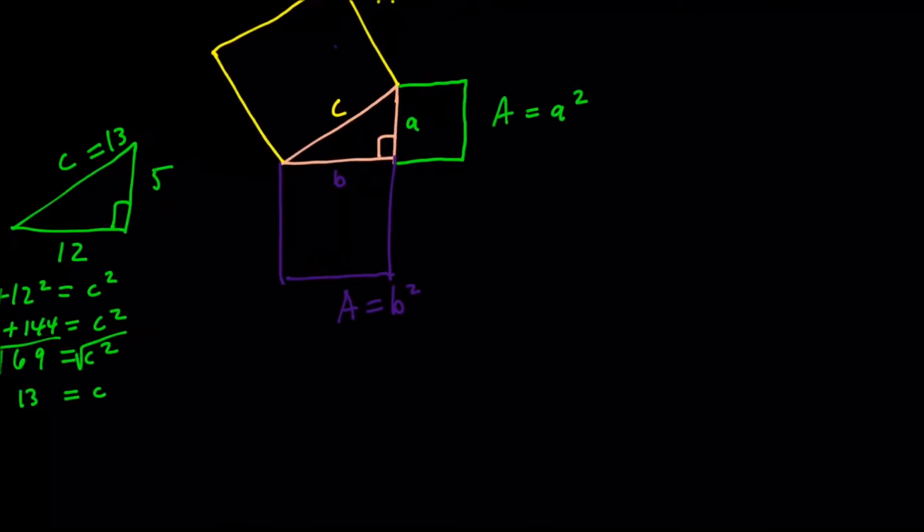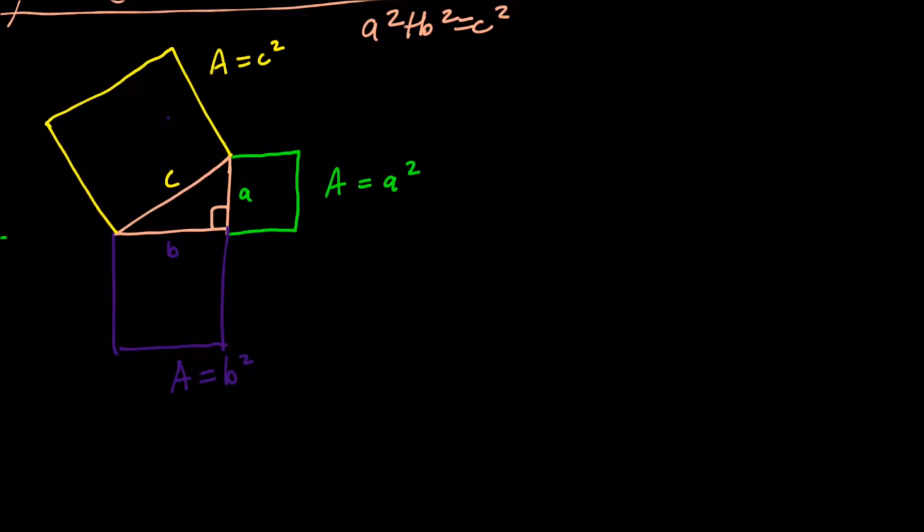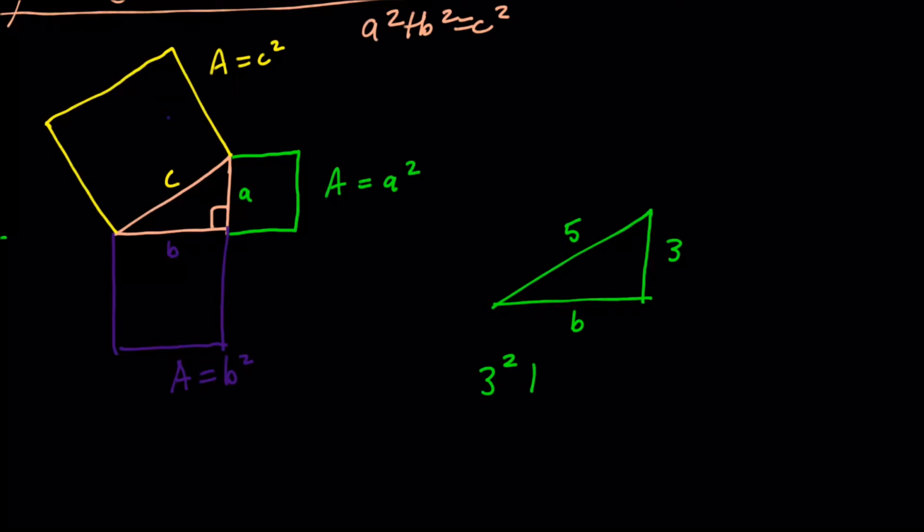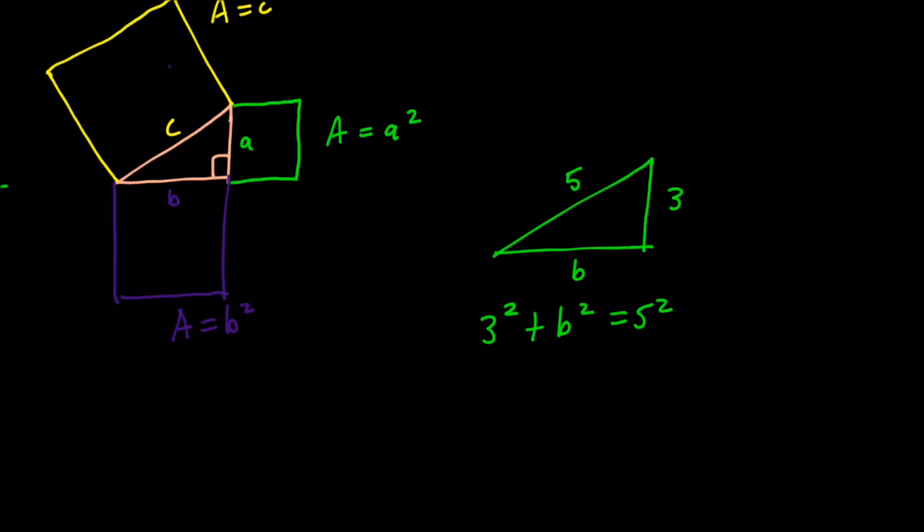Let's do another one real quick just to make sure we understand the math. So again, we have a right triangle here, and in this case we're given that the hypotenuse is size 5 and one of the sides is size 3. So what is this side equal to? Well, we set up our equation. We have one of the sides, we call it A, so we'll call that 3 squared. This side is B, so I'm going to put B squared, and that equals 5 squared.